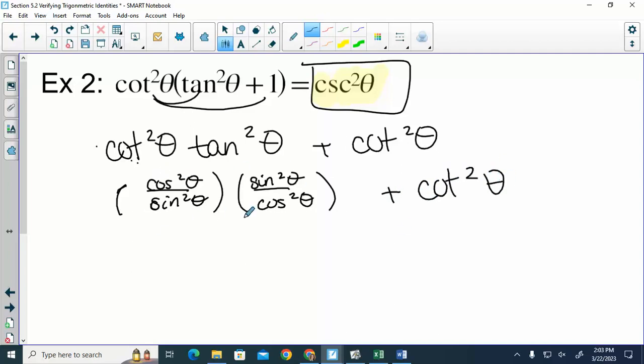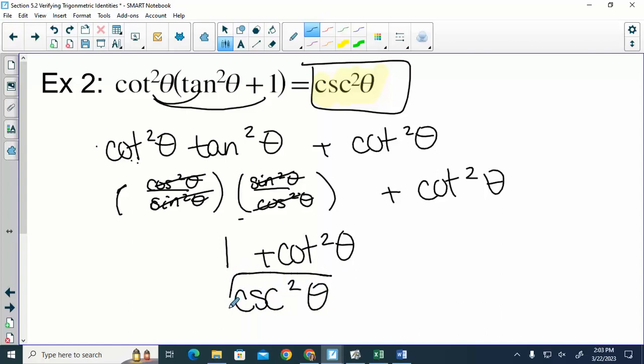What happens when I multiply these? It cancels. We have the same thing on top and bottom. If everything drops out, you are left with 1. What is 1 plus cotangent squared? Pythagorean identity. That is cosecant squared theta. Did you guys get it from the other way?